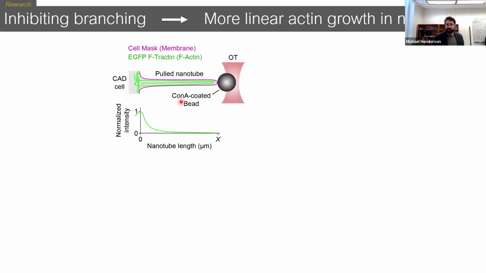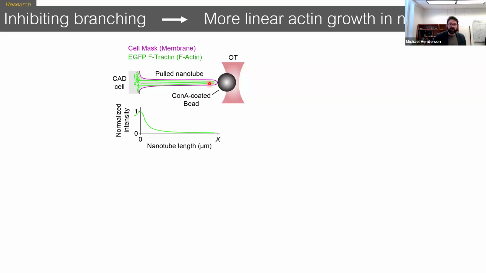So we again relied on this nanotube pulling assay here to look at the consequences of actin formation as a function of the amount of drug we're using to inhibit the ARP2/3 complex. In this particular experiment, we take our adhesive microspheres, which are, just for reference, coated with a non-specific adhesive protein.